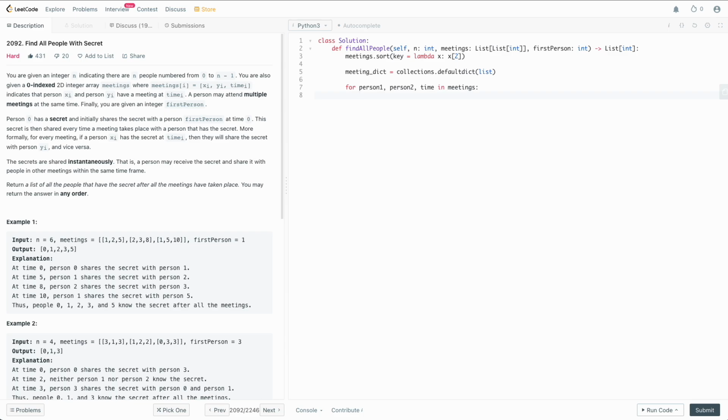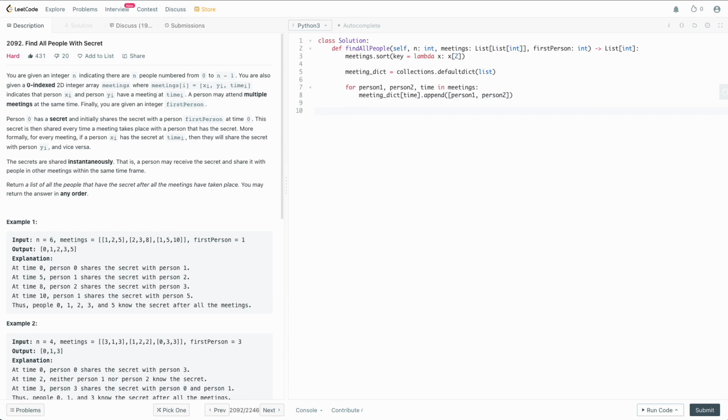We're going to say, okay, so meeting dictionary for that time, we're going to append to the list for that key. We're going to add the meeting between person 1 and person 2. So we're going to get a list of all the people who are meeting at a given time. Cool. So now we've built that dictionary.